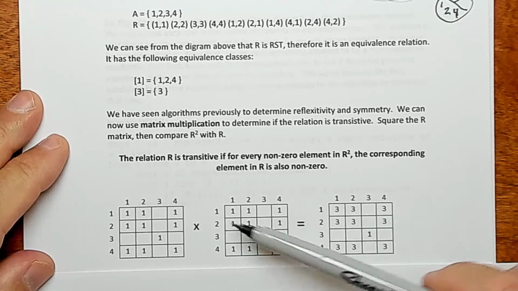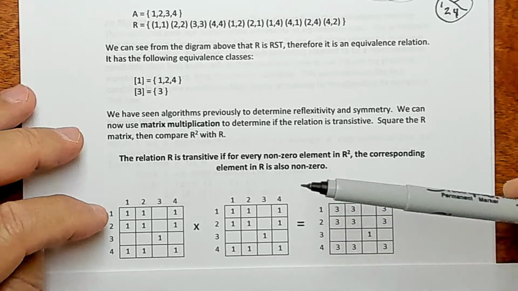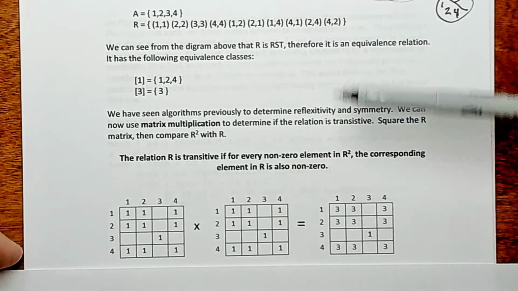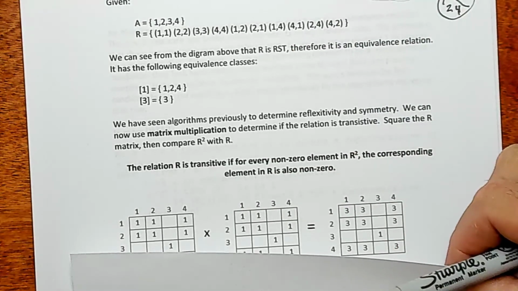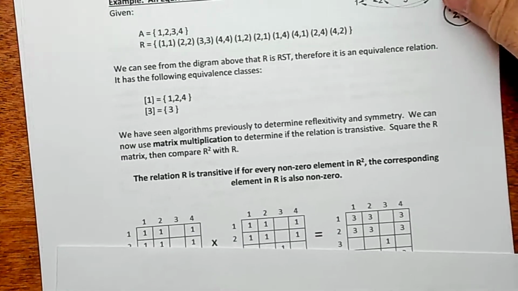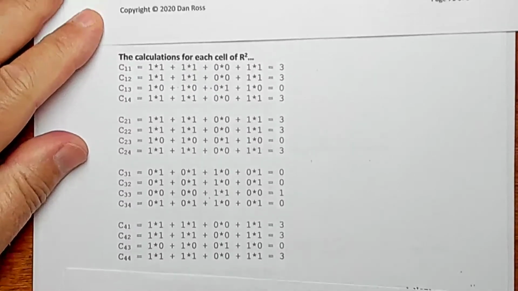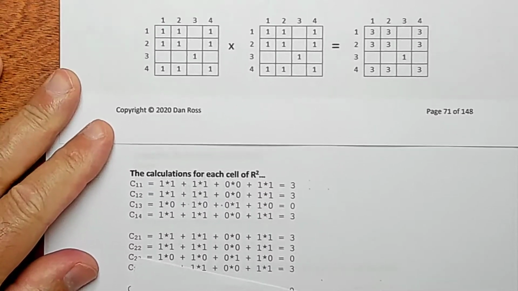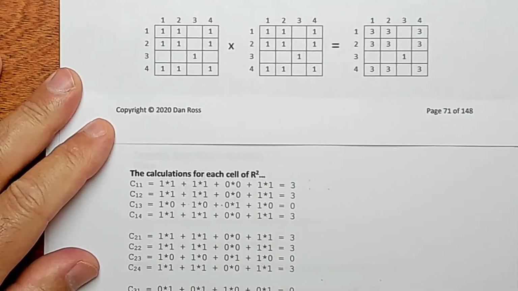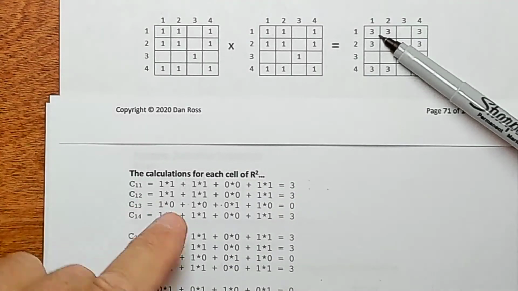Now, this is just the matrix multiplication process that we ran through previously. I think I've shown it in more detail on this next page. There's the calculations. To get this 3 right here, there's the first calculation.